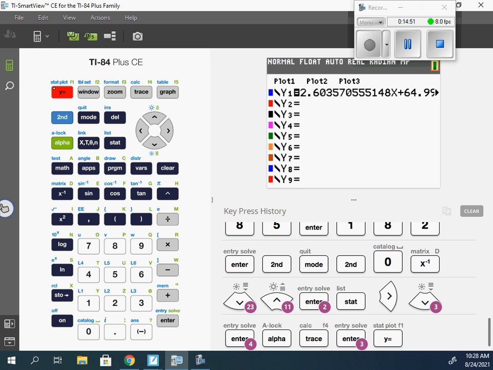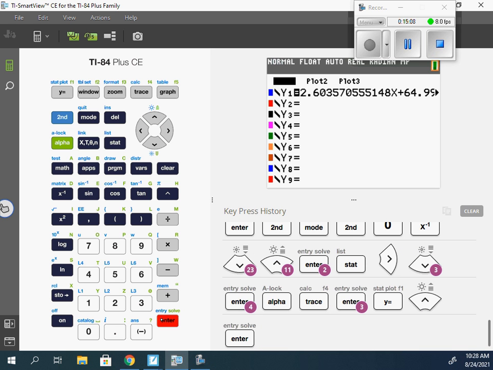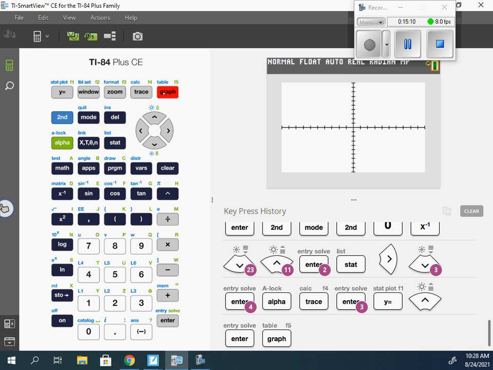Except for the diagnostics, because it's now turned on, we won't have to worry about that again unless it gets reset. Now, I'm going to do this here for y'all so you can see. Enter. Okay. Go on and hit graph.